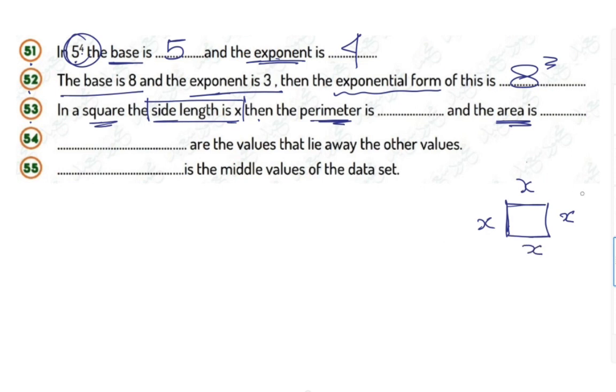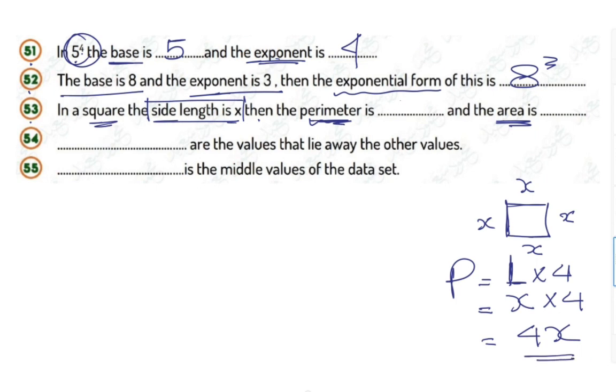Every side length is x. What is the perimeter of a square? That means side length times 4. But here he called the side length x. So x times 4, or 4x, that's the same. So the perimeter is 4x.